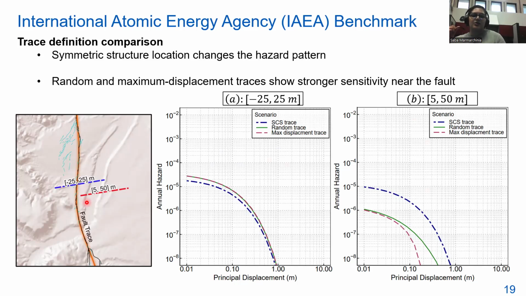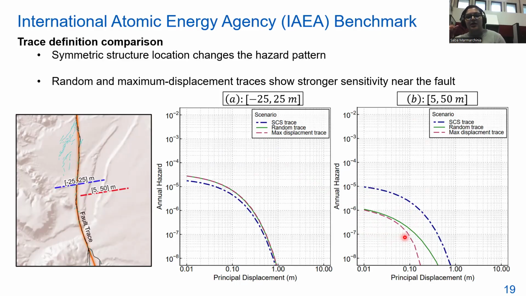And it will also be subjected to a smaller hazard. This effect is stronger for the second and third cases of fault trace definitions, which are the maximum principal displacement trace and random fault trace definition, and this is because of their smaller spread of distribution.